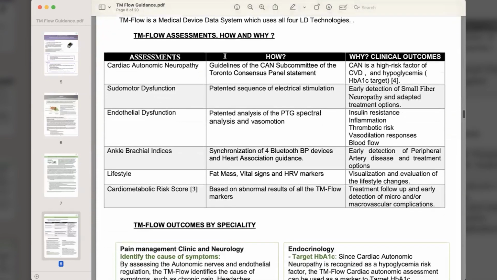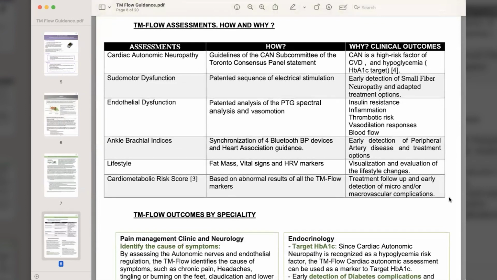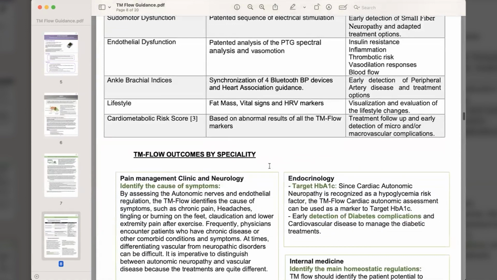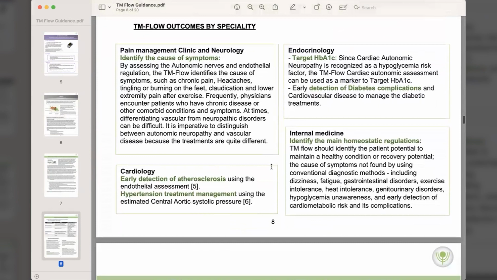This is a really good chart, because it tells what we're testing for, how we test for it, and why. So this page, page 8, I'd read this and learn that chart. And then right here is really good, the TM flow outcomes by specialty. When we saw that endocrinologist, we didn't even talk about target HbA1c.